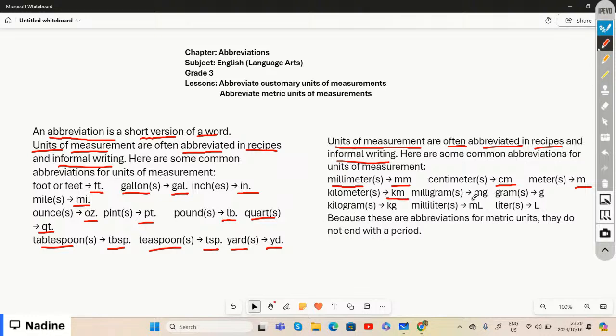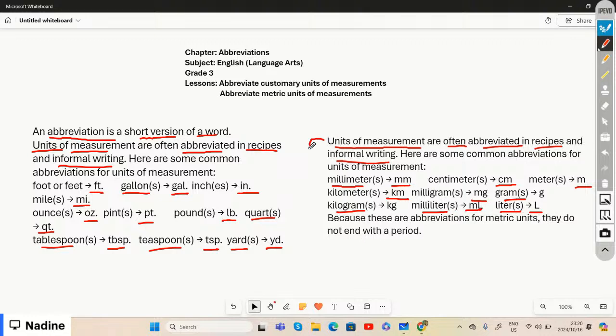Then we have milligrams, grams, usually like you measure sugar or something, kilograms, pardon, milliliters, something liquidy, liquids, liters, sorry, L. And when it comes to the units of measurements, because these are abbreviations for metric units, they do not end with a period.